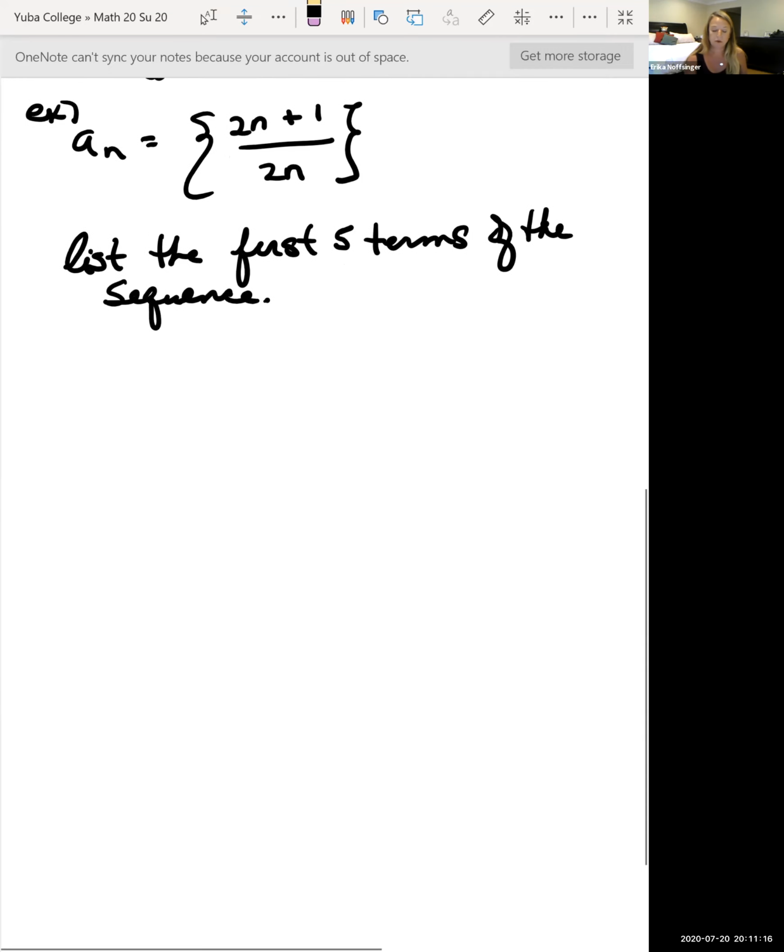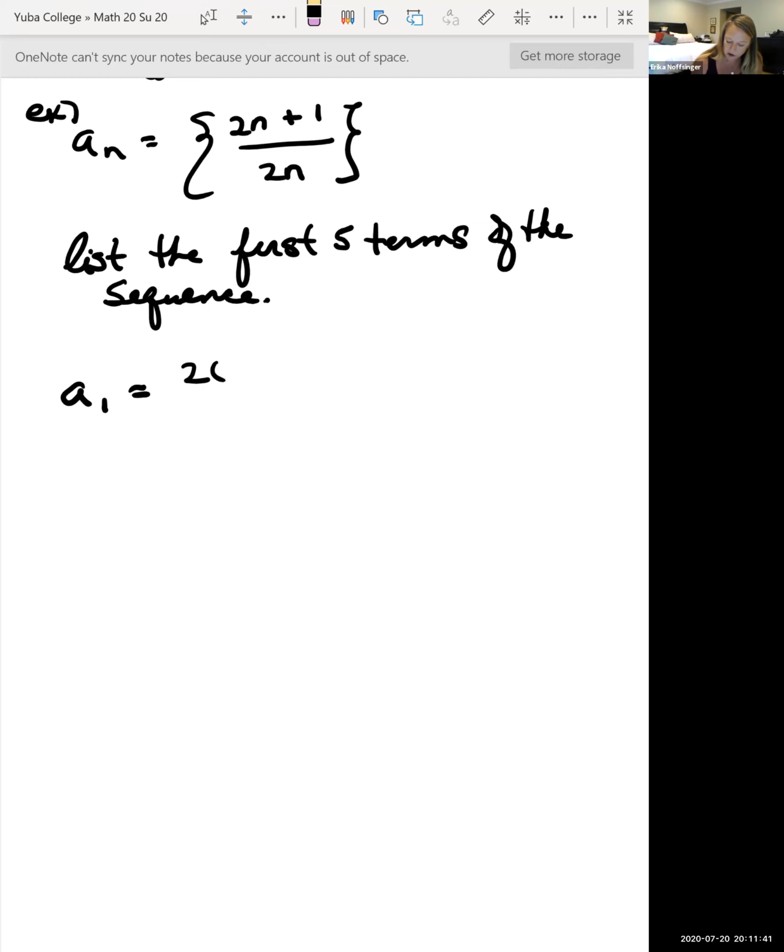Just like when we evaluated something at f of 1, we would go back in and plug in 1 wherever we saw the variable. In this case the variable is n; a lot of times it was x. So to look at a sub 1, I go back into this formula and plug in 1 wherever I see an n.